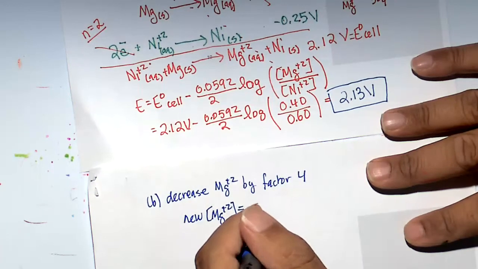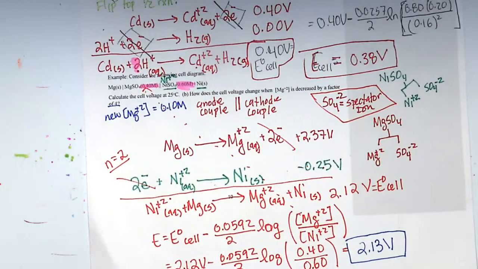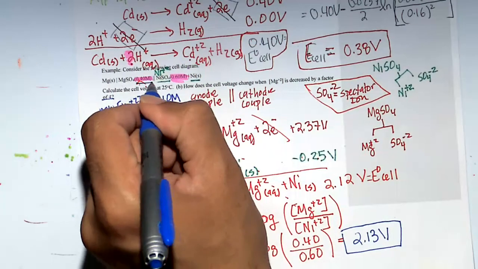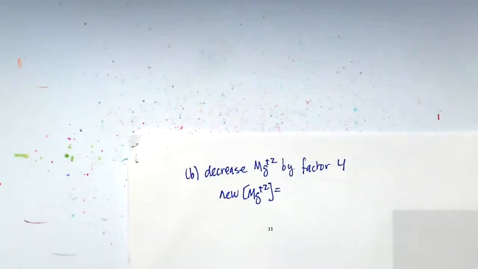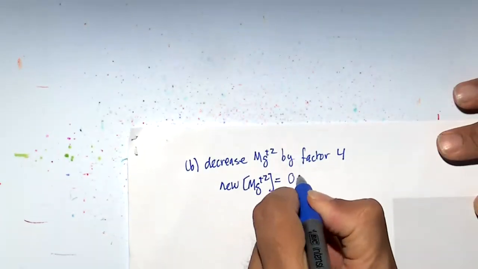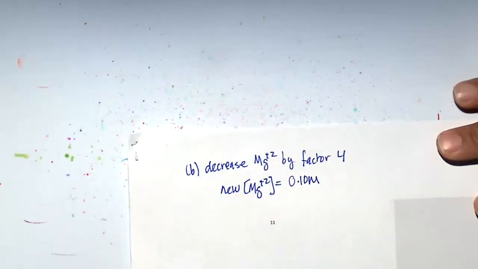Okay, it was originally 0.40 molar. They tell us we decrease it by a factor of 4, so now it's 0.1 molar. And that's it. We just plug everything back in.